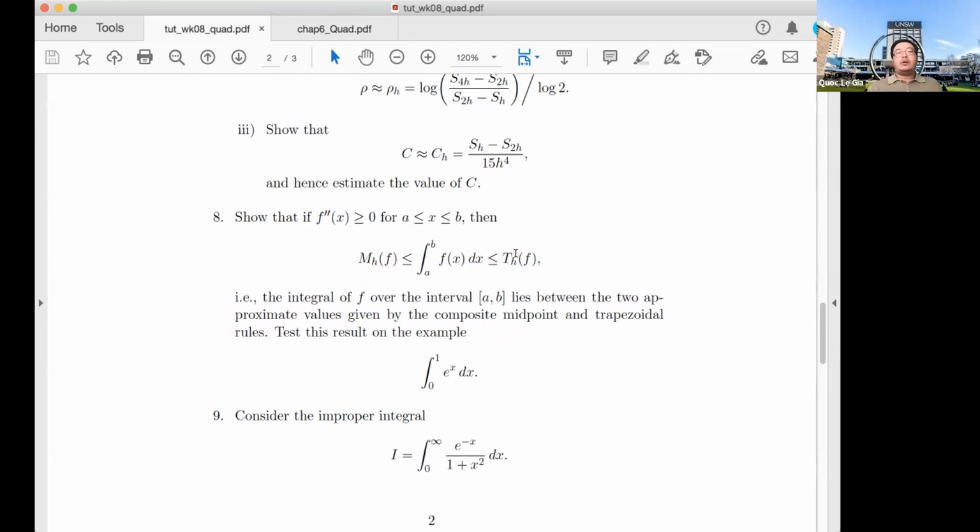In effect, the trapezoidal rule is an upper estimate, and the midpoint rule is a lower estimate. Why is that? You can test with e to the x. What does it mean when f double prime is positive? What does the curve look like?